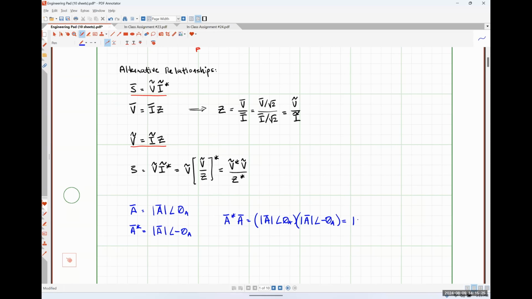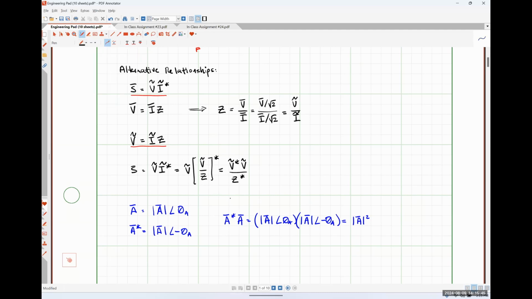So this is literally just going to look like the magnitude of our complex number squared. The phase relationship completely cancels out. And so we effectively get the magnitude squared with an angle of 0. We can just throw that angle of 0 away because it doesn't really help anything, okay?